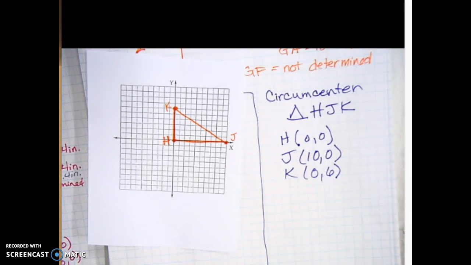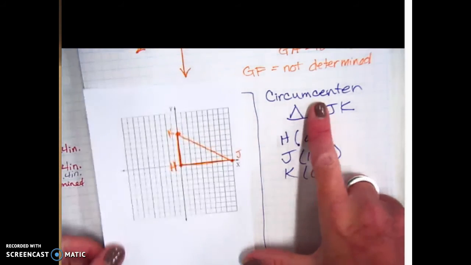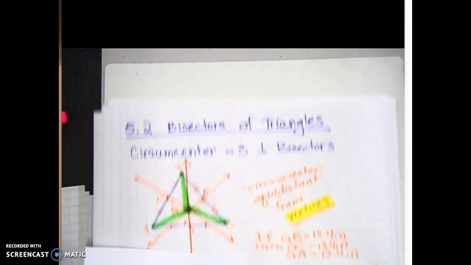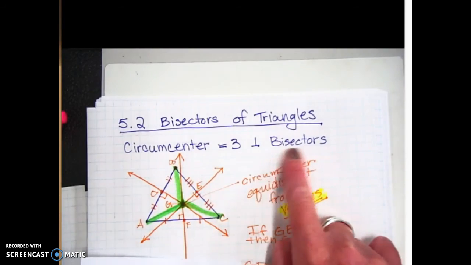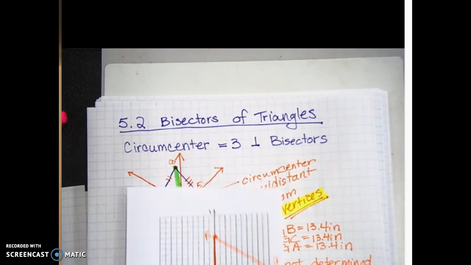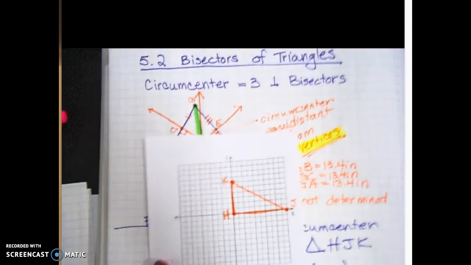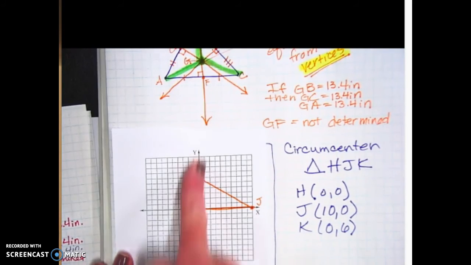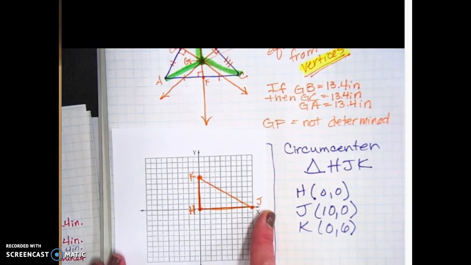All right. So to get the circumcenter, we need 3 perpendicular bisectors. So perpendicular bisectors are going to go from the midpoint, and then they're going to go perpendicular. Okay? So when you have straight lines, whether they be vertical or horizontal, it's really easy to find the perpendicular line, right?